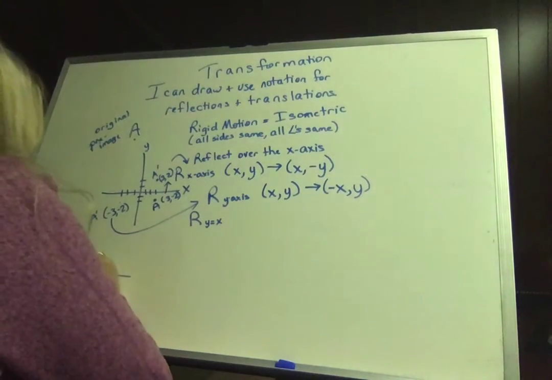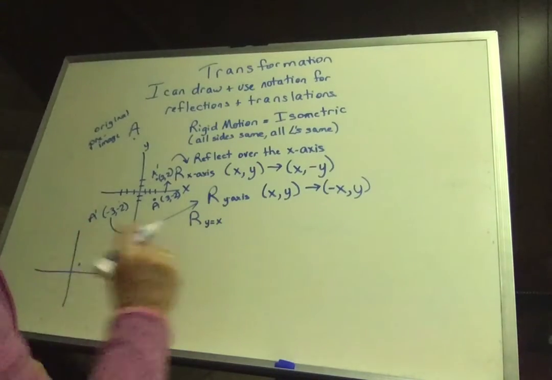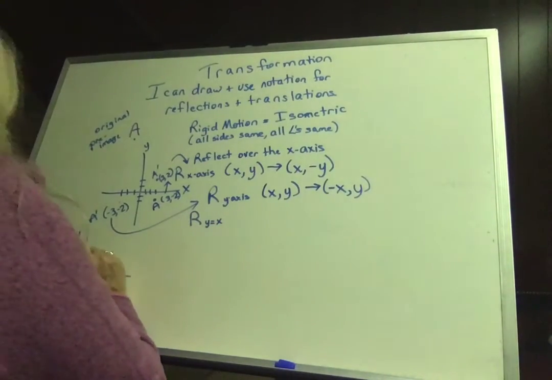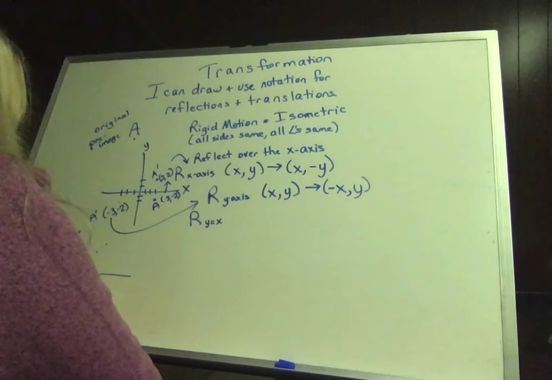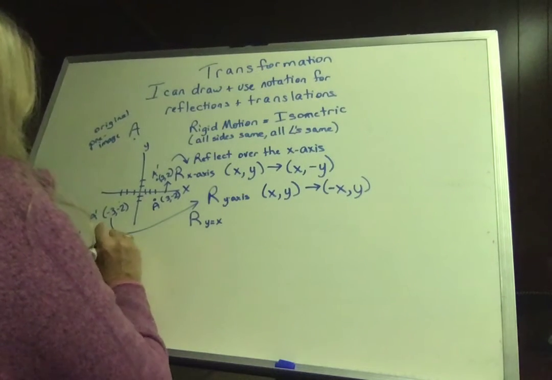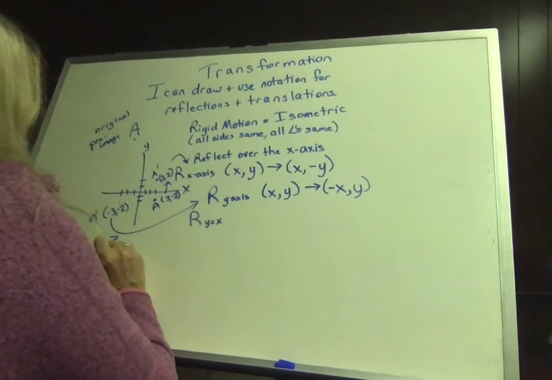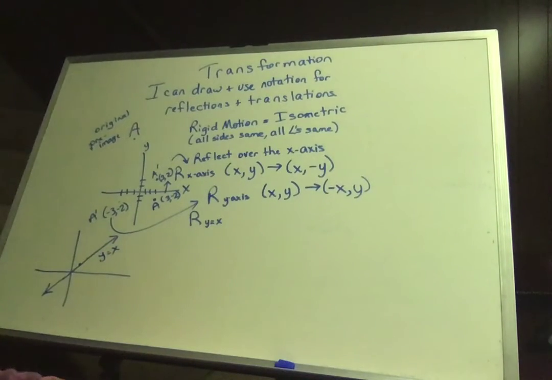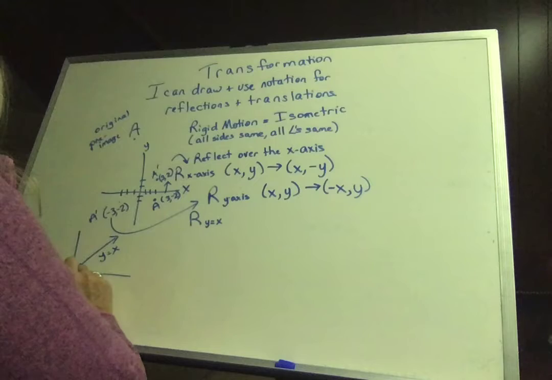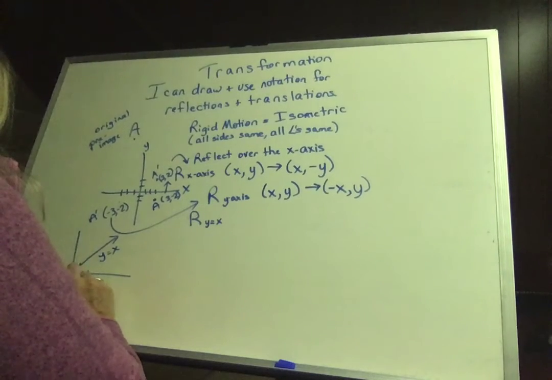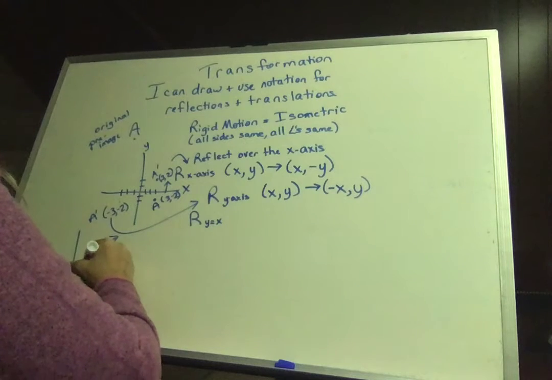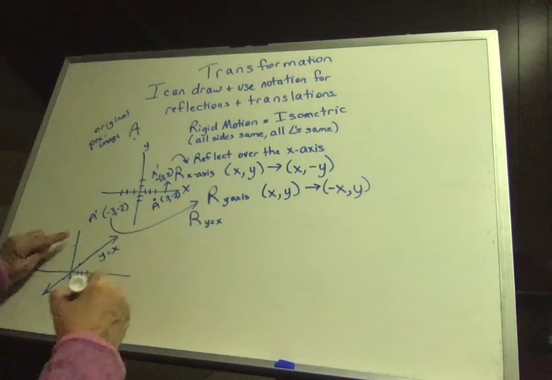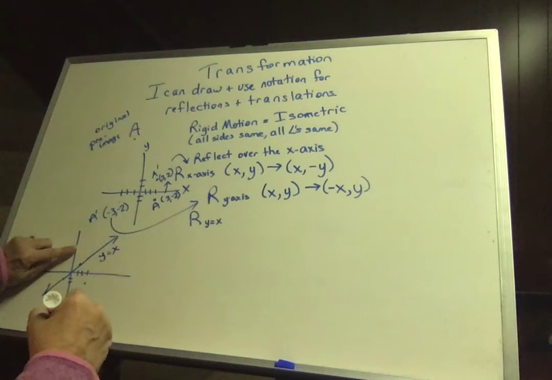Well, 1, 1, or 2, 2, or 3, 3, or 4, 4, or negative 1, negative 1. This is the line y equals x. So looking at that same point, if we start 3, negative 2, and flip it over, this time goes sideways and ends up over here.